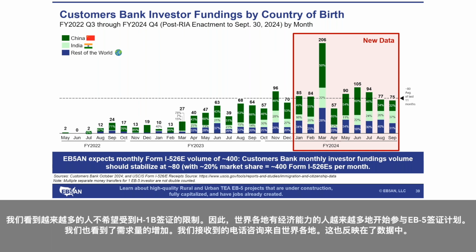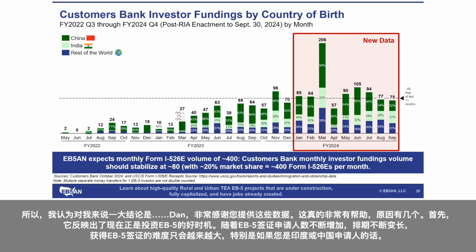You're seeing a lot of people just wanting to not have the restrictions that the H-1B brings. And so people who have means all over the world are really starting to engage with the EB-5 visa program. And we're seeing increased demand. We're taking calls from all over the world, and it's reflected here in the data as well.